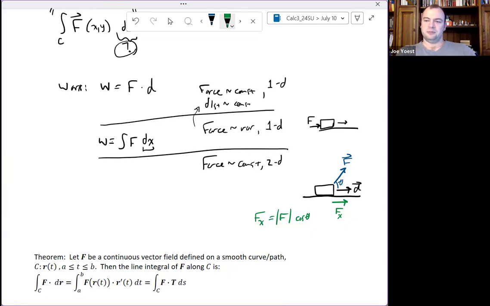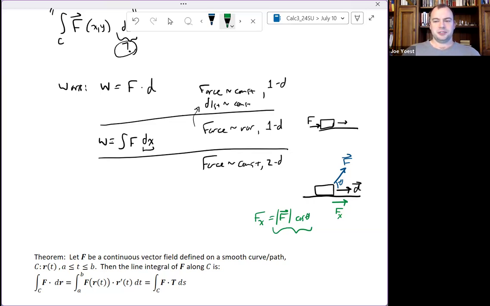So if I'm pulling at this, angle theta with amount of force length f, that should be length vector f, then only this much of that force is kind of in, maybe in some sense, a useful direction along d.